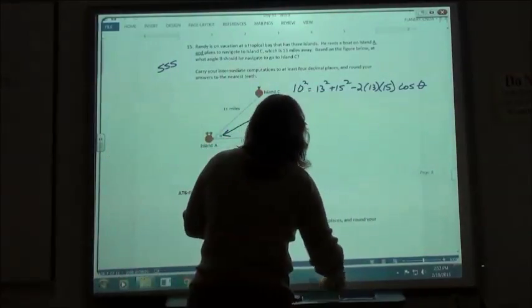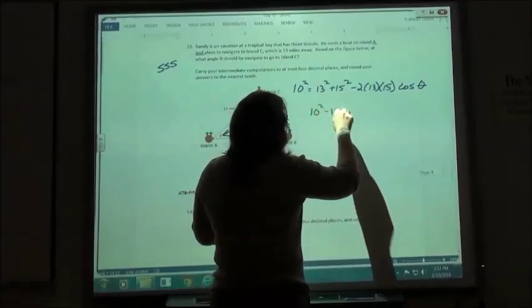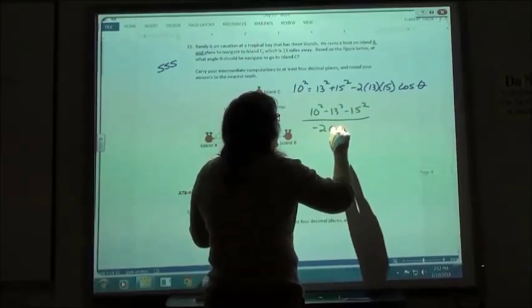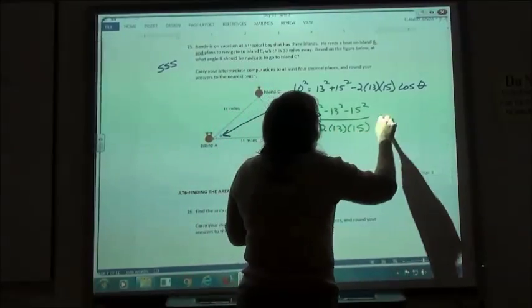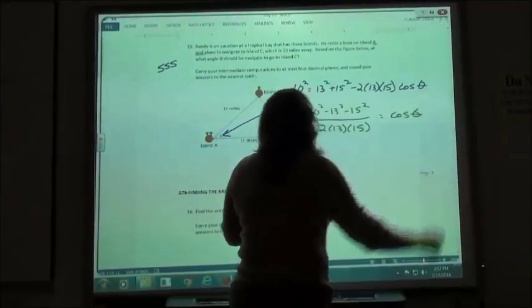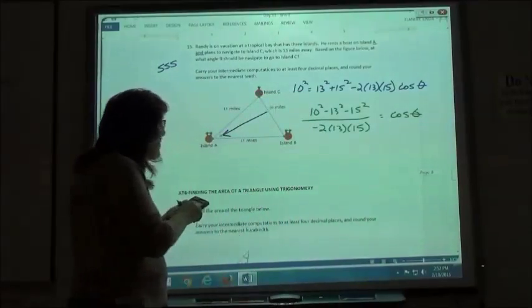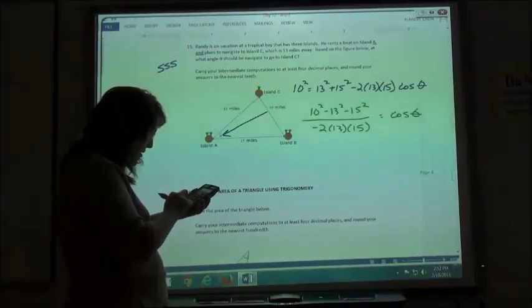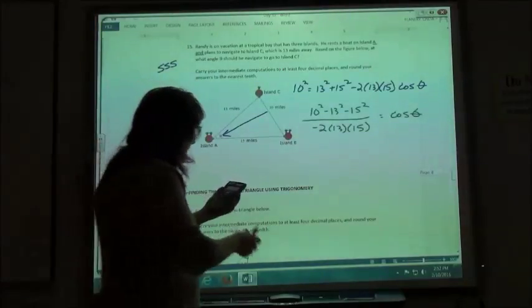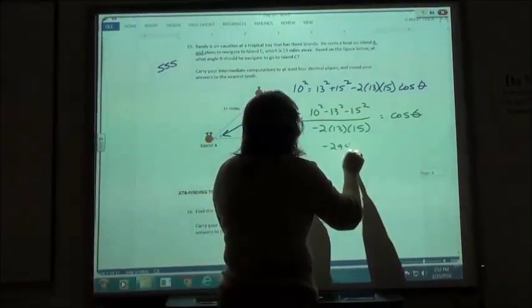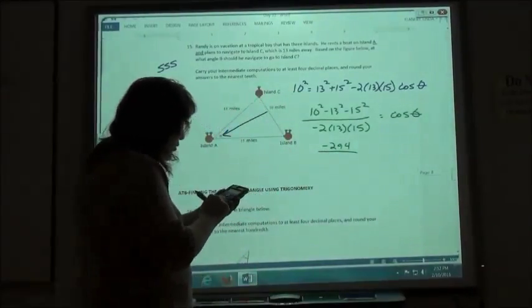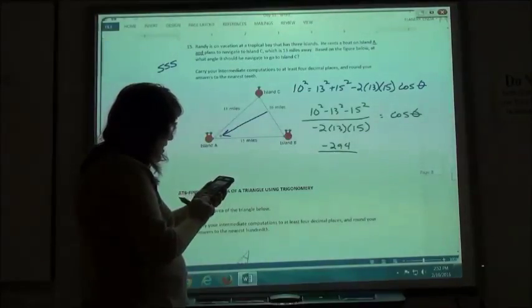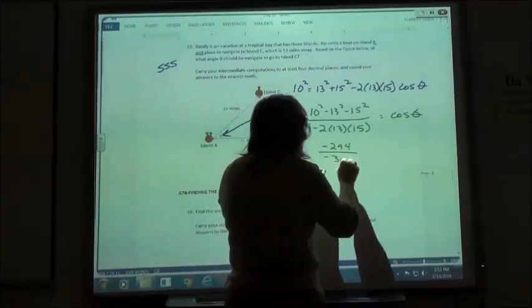And rearranging to solve that, 10 squared minus 13 squared minus 15 squared divided by negative 2 times 13 times 15 is going to equal the cosine of theta. So figuring out my top number, 10 squared minus 13 squared minus 15 squared gives me negative 294. On the bottom, negative 2 times 13 times 15 gives me negative 390.